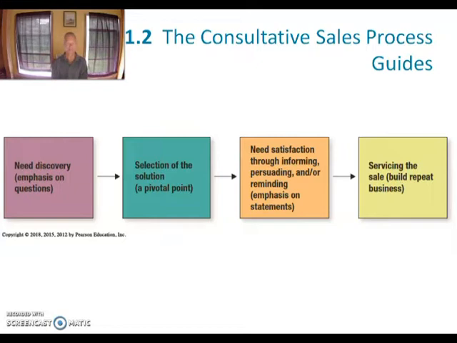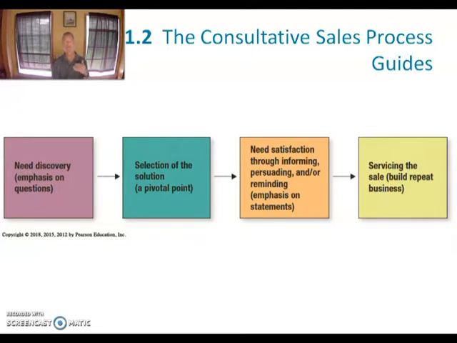So today we're really going to talk about needs discovery, which is all about probing or questioning. And as you're listening, we're also going to talk about active listening in here. As you're listening, you're thinking about what's the best product or the best service or the best solution, combination of product and services, to solve that particular problem or that particular customer's needs.